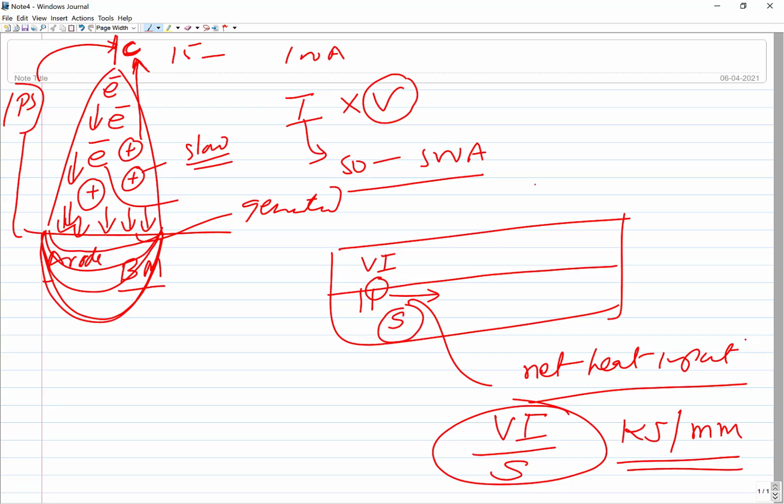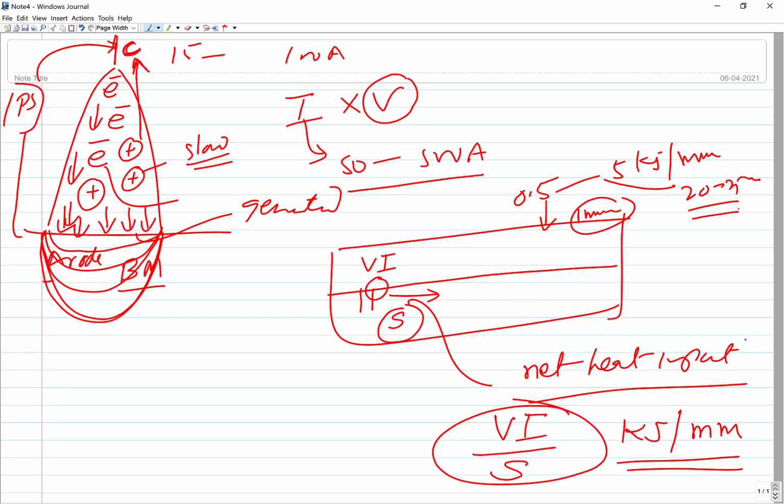Mostly the welding is performed in the range of 0.5 to say 5 kilojoule per mm heat input. This is for very thin sheets, say 1 mm thick, and this is for say 20 or 25 mm thick plates.